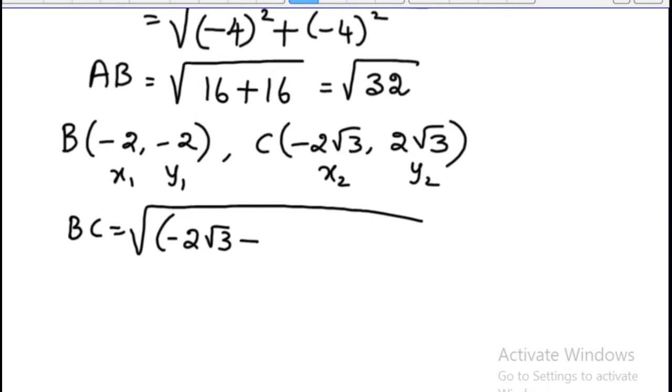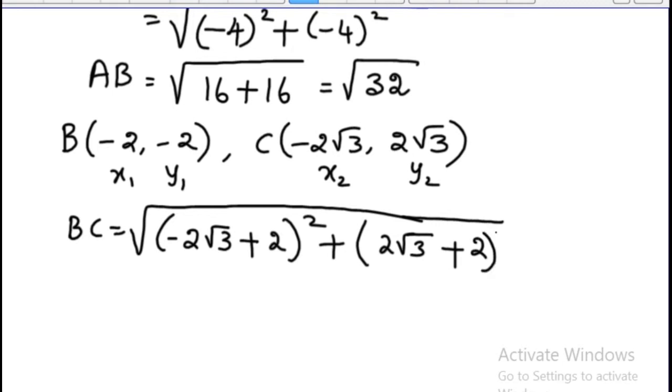What is x1? Formula minus, this is -2, so it becomes +2 whole square. Then plus y2. Y2 is 2 root 3. Then minus, formula minus, this is plus, so minus into minus plus. Then 2 whole square. Okay, so what do you get?